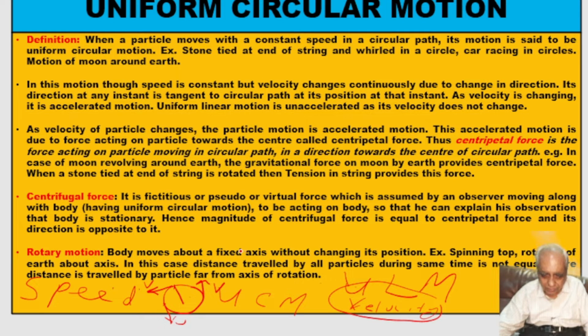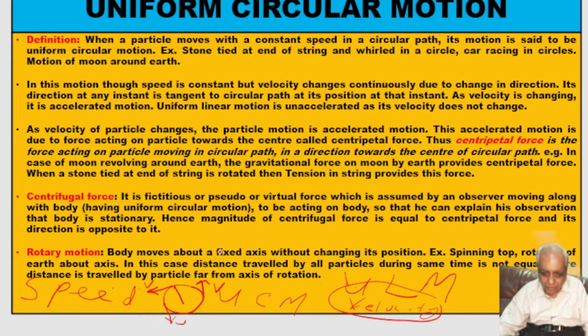Then we have also learned how acceleration is produced in a body. Whenever there is an acceleration, some force is acting on the body. Without force, acceleration cannot be produced. So here, which is that force? We'll come to it.